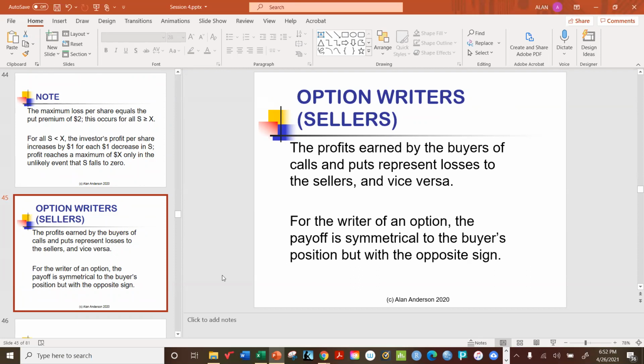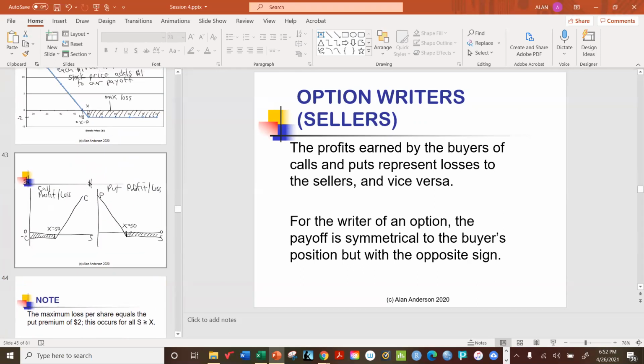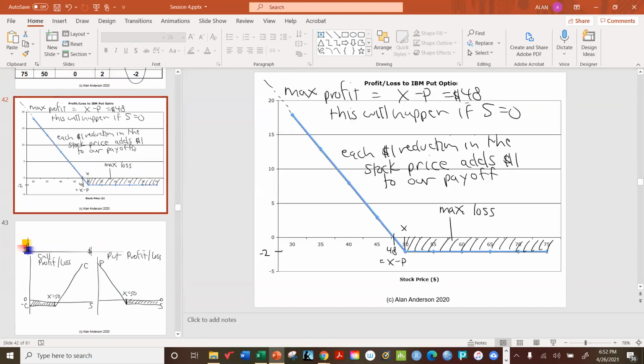For the IBM put, in practice, this would probably have been written on 100 shares of IBM, which means the premium is really $200. And that's going to be true for just about every option. What separates one from another is how many units of the underlying asset you're buying.